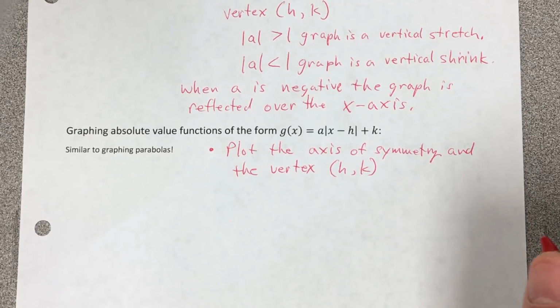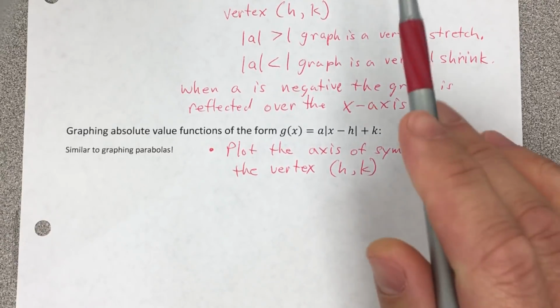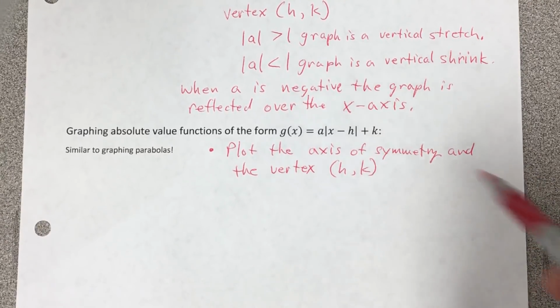After you've plotted the axis of symmetry, remember that's the line of symmetry down the middle. You make it dashed because it's not actually coordinates on your graph, but it's the middle of your graph and it's symmetric across it.